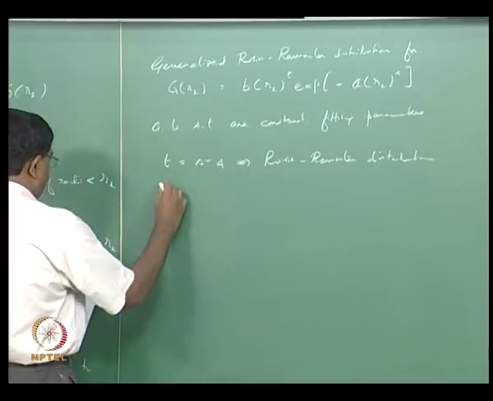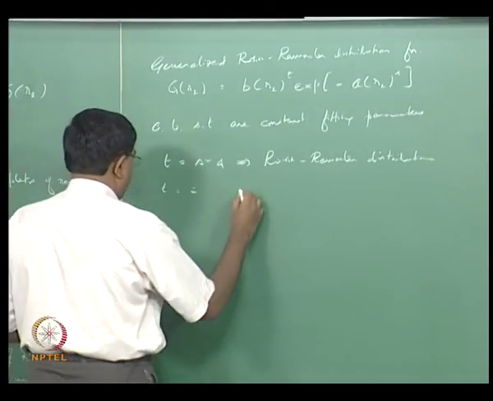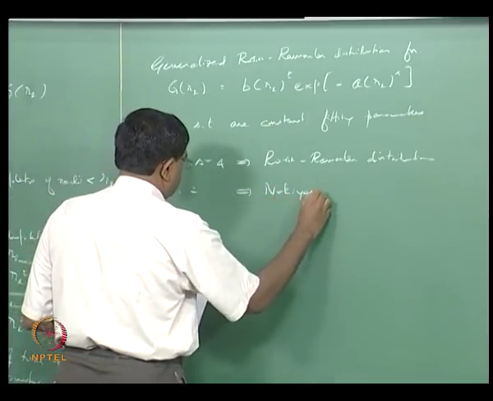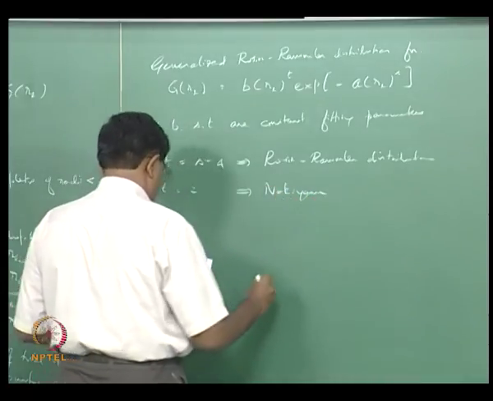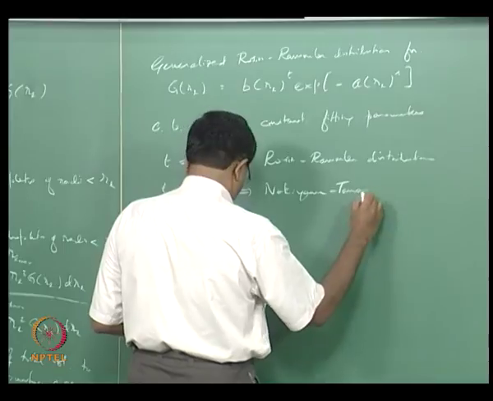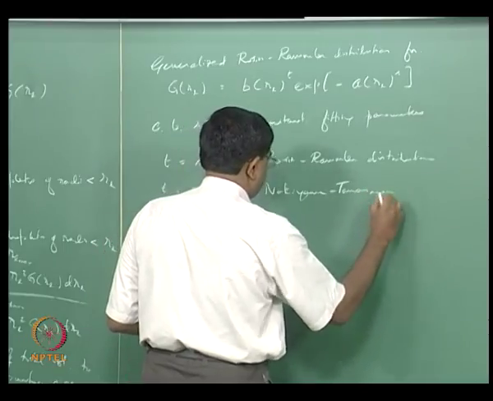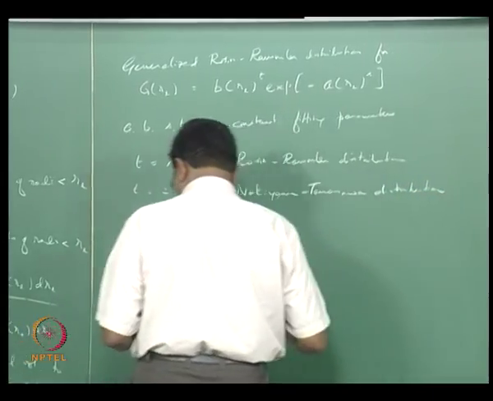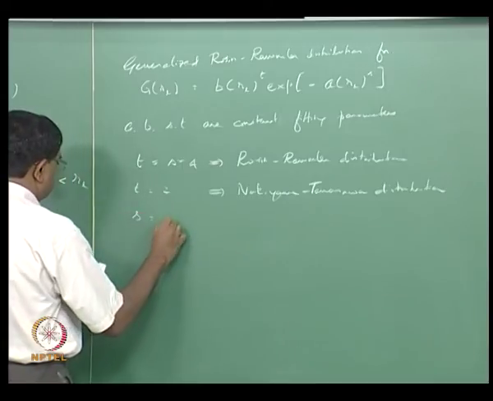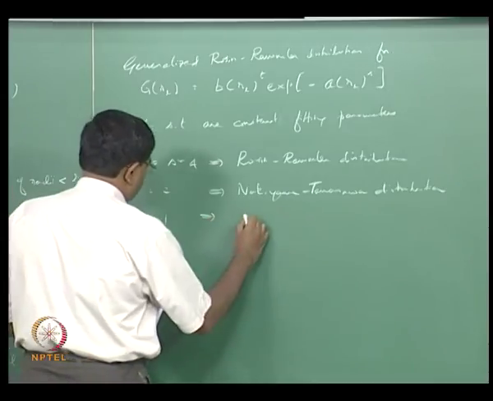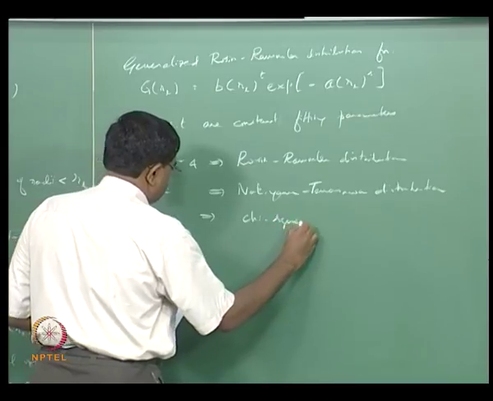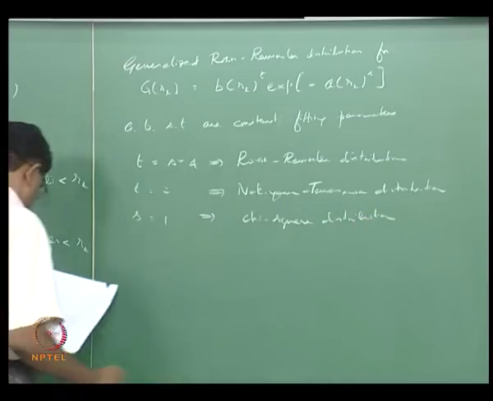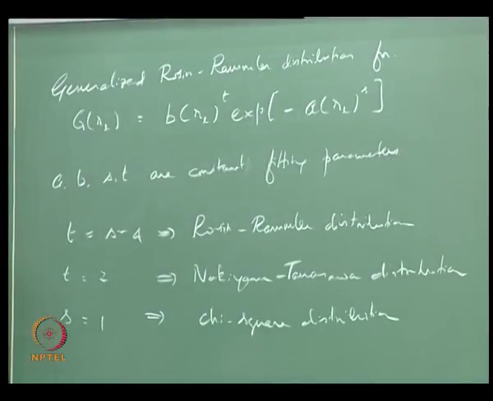T equals 2 corresponds to what is called a Nukiyama-Tanasawa distribution, and S equals 1 is what's called a chi-square distribution. And so on. So you now have these 4 constants.